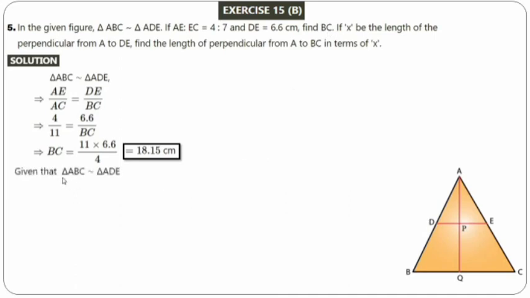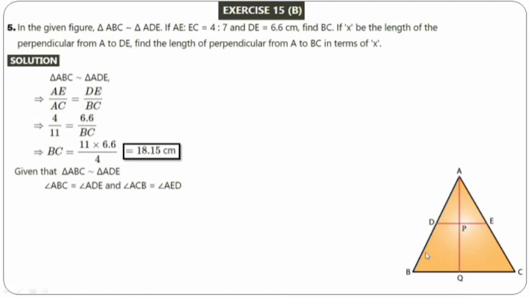Again, these two triangles are similar. If these two are similar, you know that some pairs of angles will be equal, isn't it? Because in similar triangles, all corresponding angles are equal. So angle ABC will be equal to angle ADE, and angle ACB will be equal to this angle.